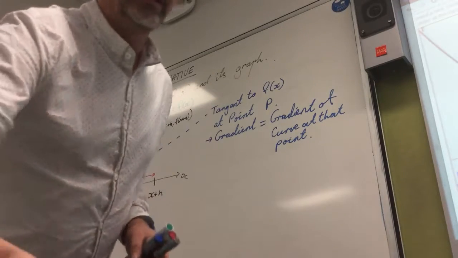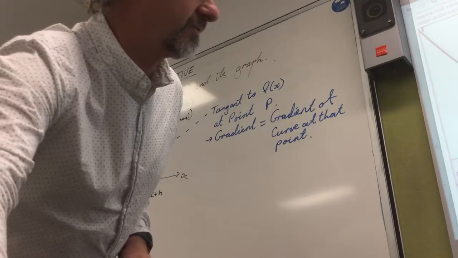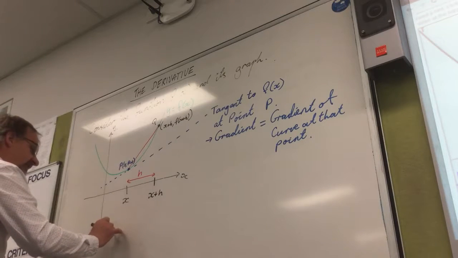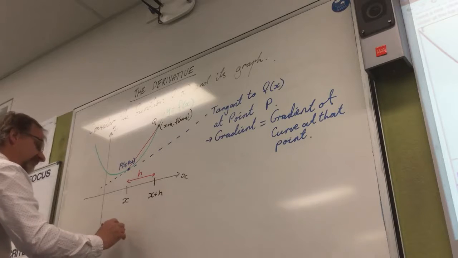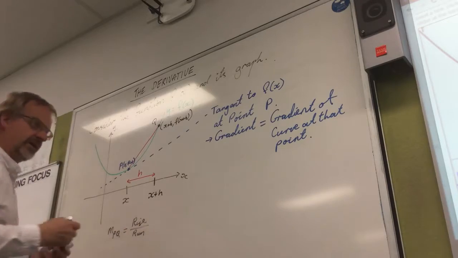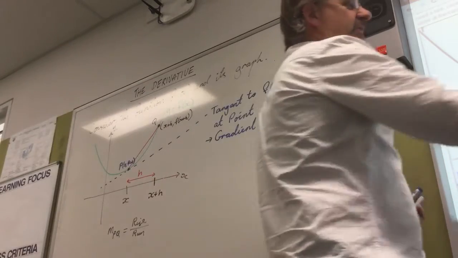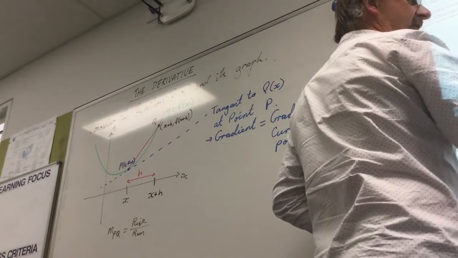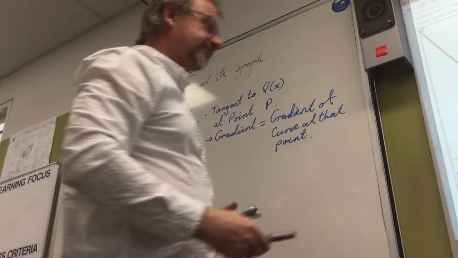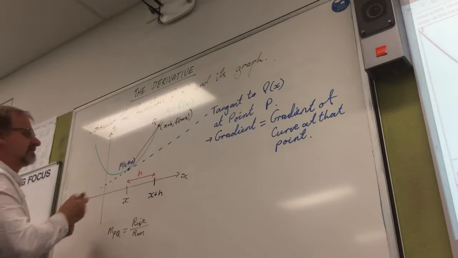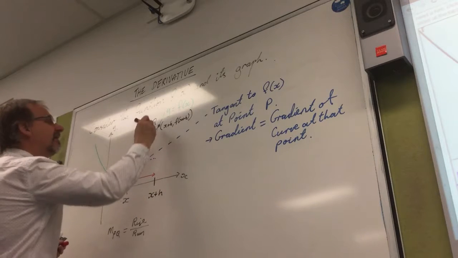Alright, so now we can work out the gradient of P to Q. So the gradient of P to Q is rise over run. And as you can see by the graphic on the screen here, we've created our right angle triangle. This side here is our rise. This side here is our run. So let's put it in red.